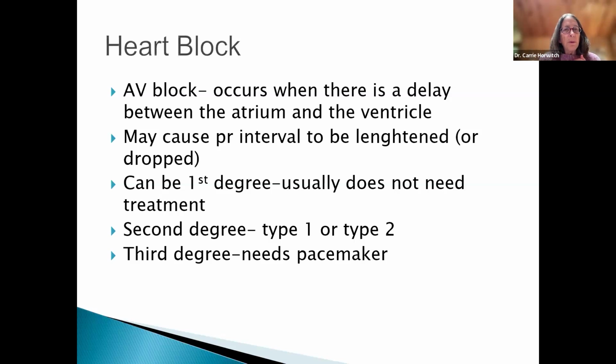There may be other blocks that would then go to second degree, and there are two different types, or third degree, which means you have atrial contractions and ventricular contractions, but they're really not talking to each other. So that is somebody who actually needs a pacemaker, okay? Because eventually that is going to be poorly compatible with ongoing life if that doesn't get treated. Next slide.